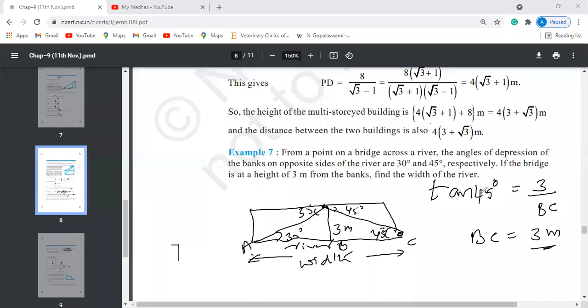Because tan 45 is 1. Next, you can take tan 30, correct? Tan 30 is equal to opposite side 3 divided by AB. So AB is equal to 3 root 3, correct? Because tan 30 is 1 by root 3. So 3 divided by 1 by root 3 is 3 root 3. So it is 3 root 3 meter.